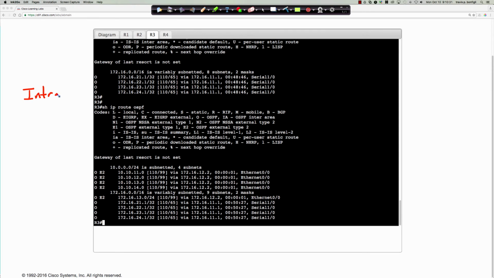intra-area OSPF routes will always be more preferable than inter-area OSPF routes, which will always be more preferable than OE1, ON1, and actually I don't need the O there.